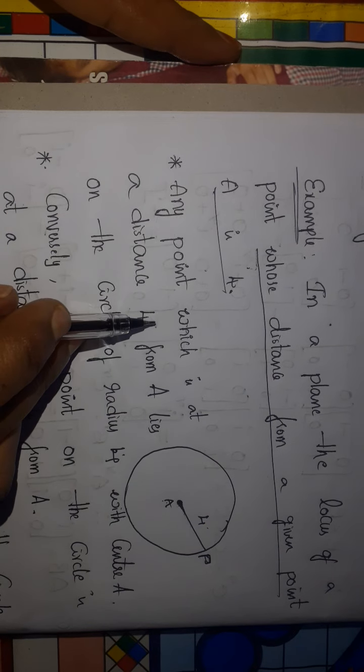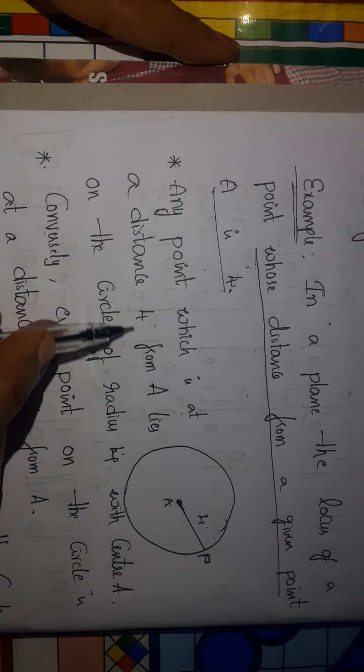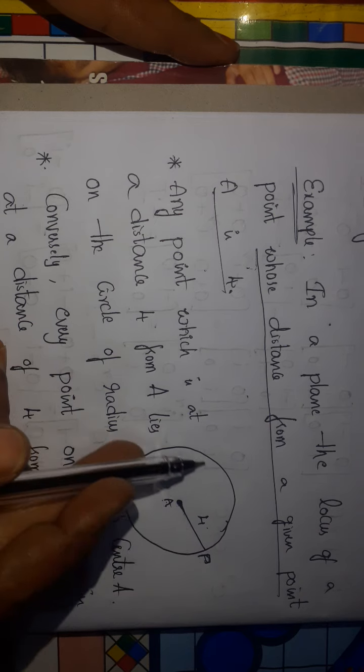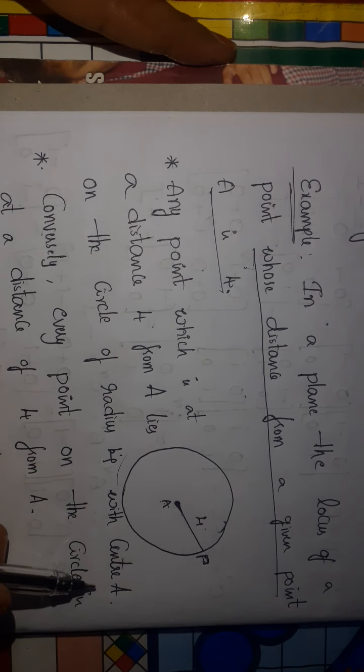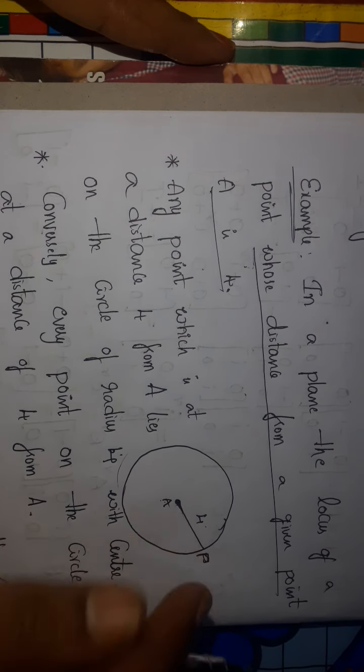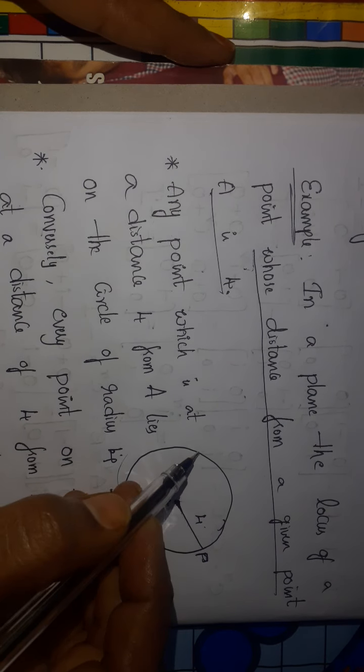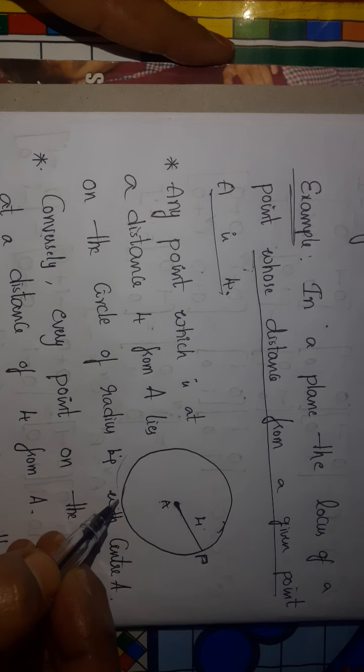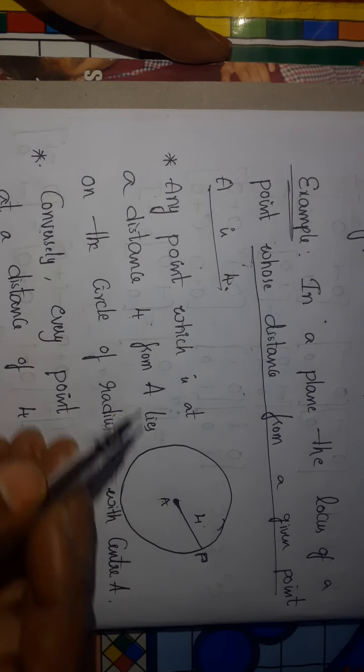Any point which is at a distance 4 from A lies on the circle of radius 4 with center A. Yes or no? With this AP we can draw a circle, right? From here to here, definitely distance 4 we have. We don't know if this is meters or centimeters.